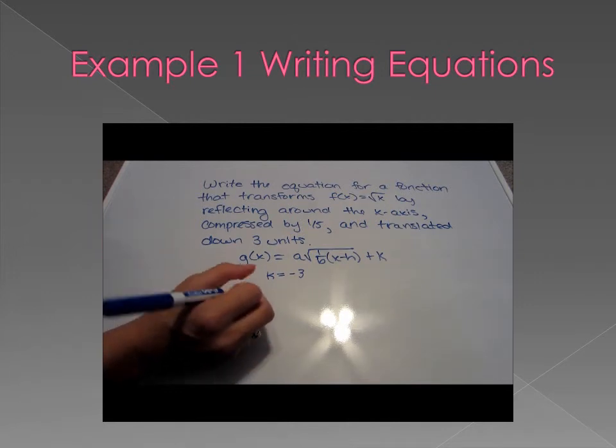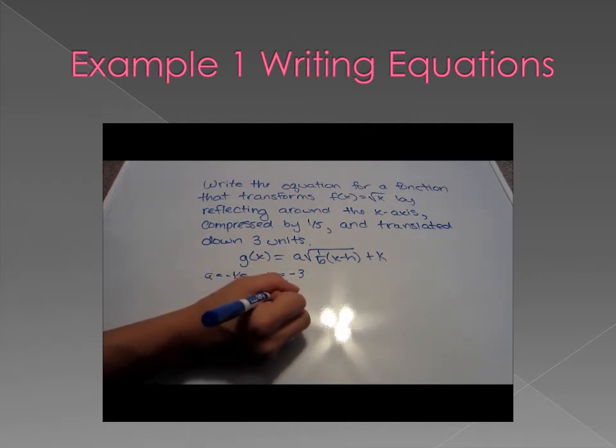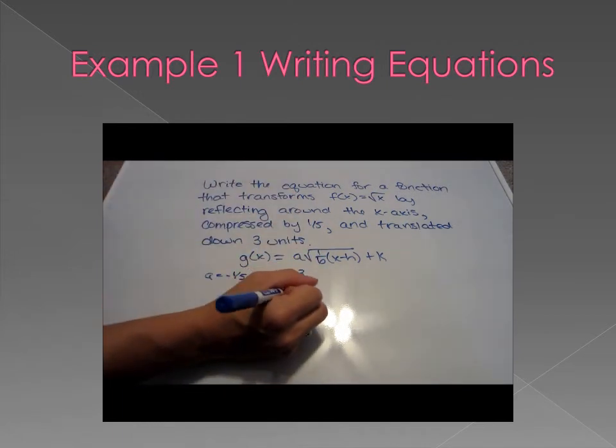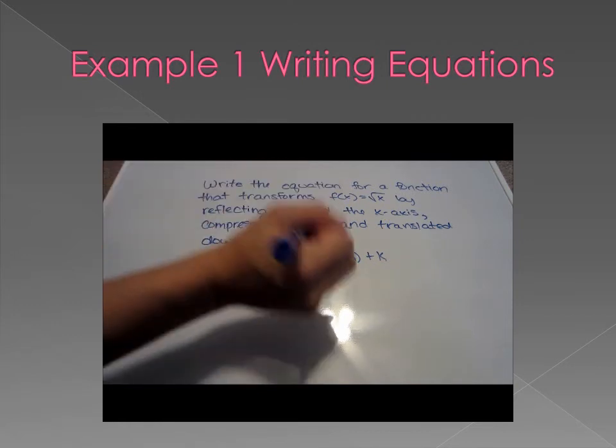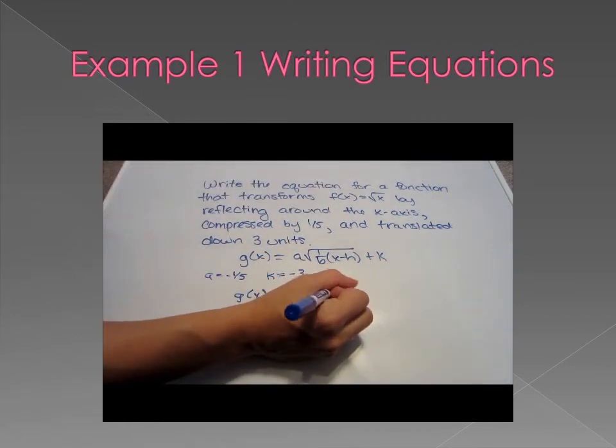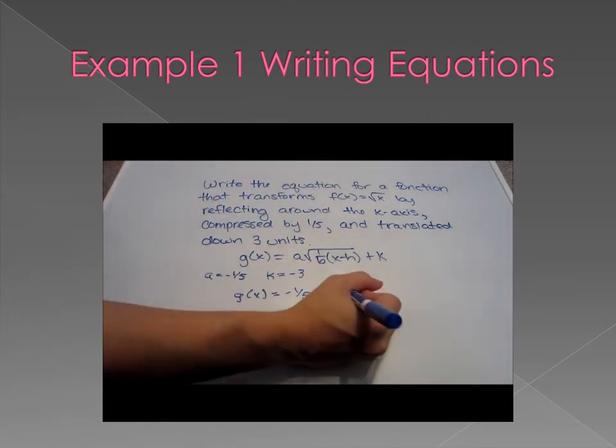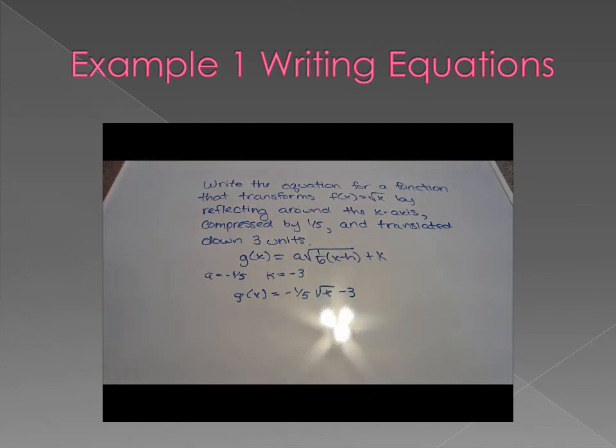So we get g of x equal to negative 1/5 times the square root of x minus 3. And that's our final answer. G of x equal to negative 1/5 times the square root of x minus 3. That'll compress by 1/5, reflect around the x-axis, and then translate it down 3 units.